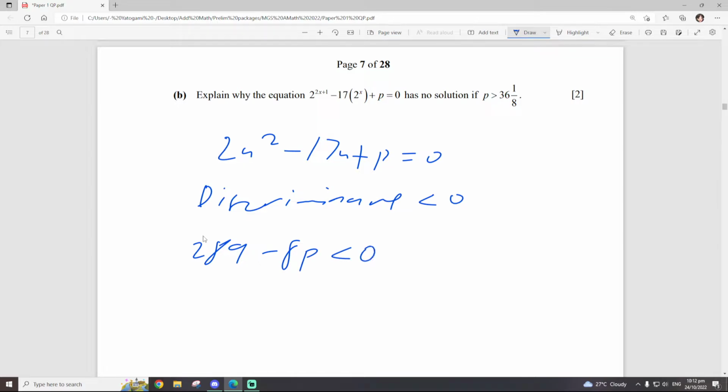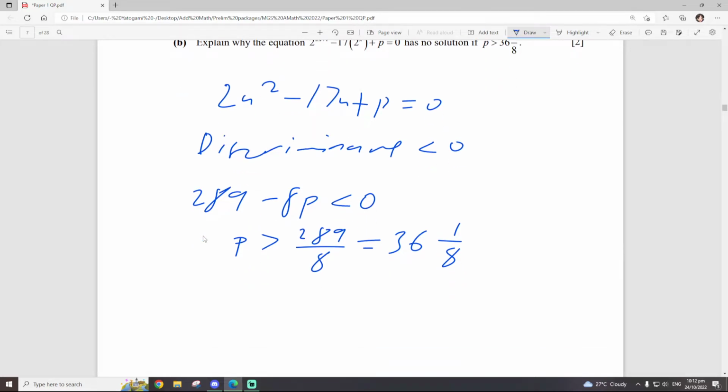This has to be less than 0, so p in this case is greater than 289 over 8, which is equal to, I think, 36 1 over 8, because 36 times 8 is 288, so yes. Okay, so you can go ahead and explain a little bit. So basically just say for no real roots. Maybe you can explain a little bit.